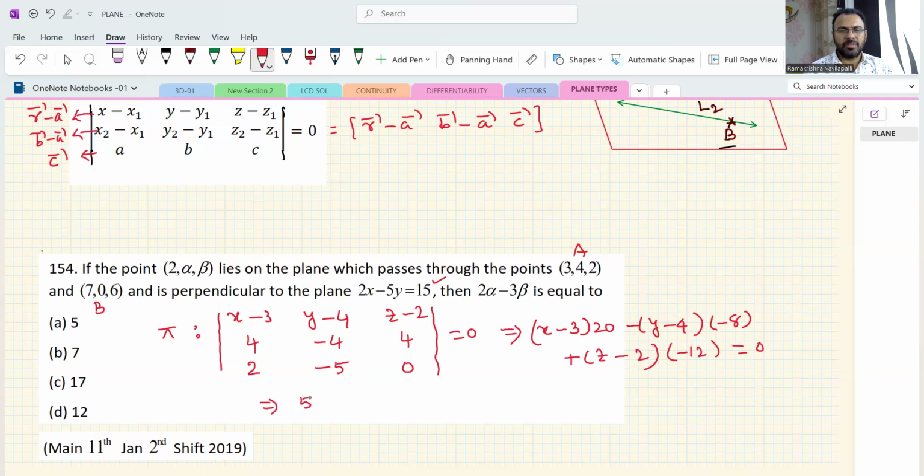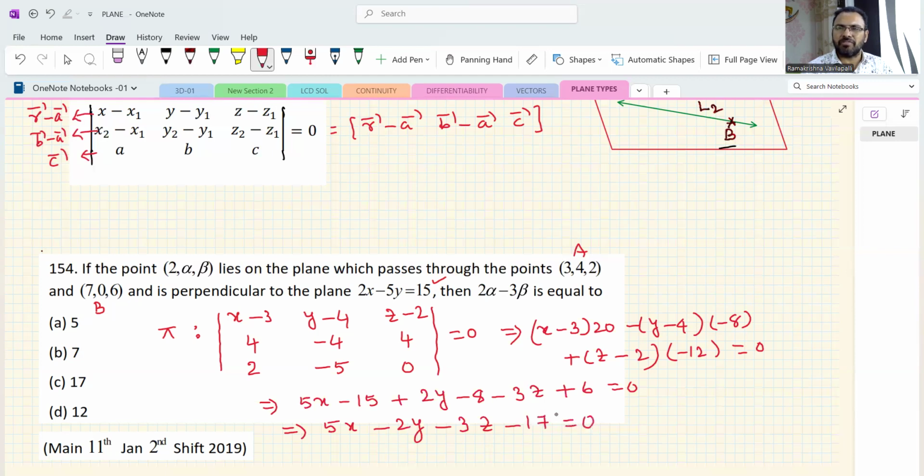So 5x minus 15, dividing by 4, then plus 2y minus 8, and minus 3z plus 6 equal to 0. This implies 5x plus 2y minus 3z, and minus 23 plus 6, that is minus 17, equal to 0.